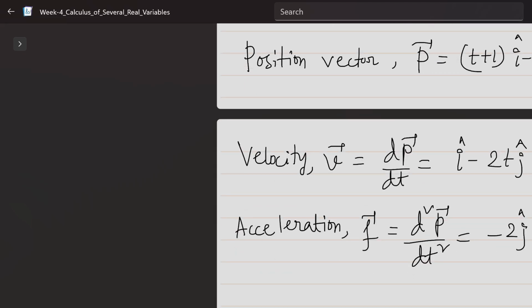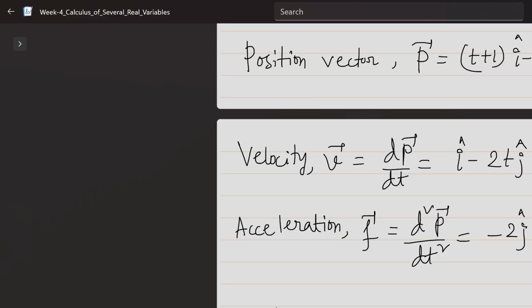So you have to find at t equal to 1. At time t equal to 1, velocity is v vector, which is i minus 2j, and acceleration is minus 2j, does not depend on t.